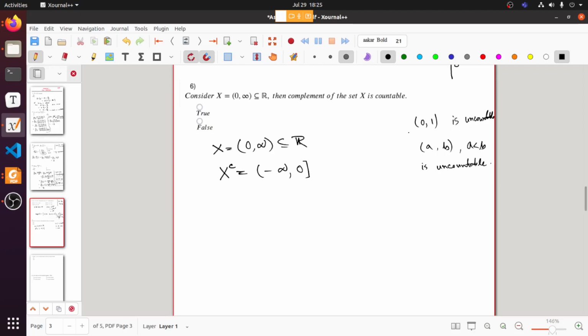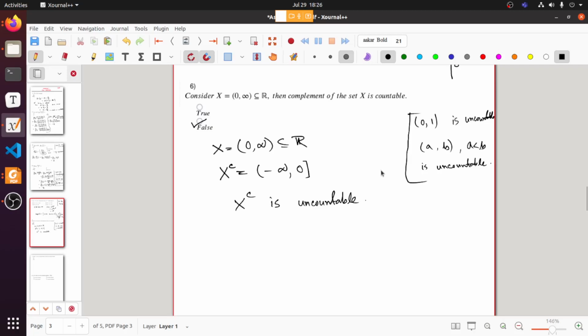The same technique will work here, since it's also an interval, so it is again uncountable. It means there is no bijection from the natural numbers to that set. So x complement is uncountable, and the statement that the complement of x is countable is false.